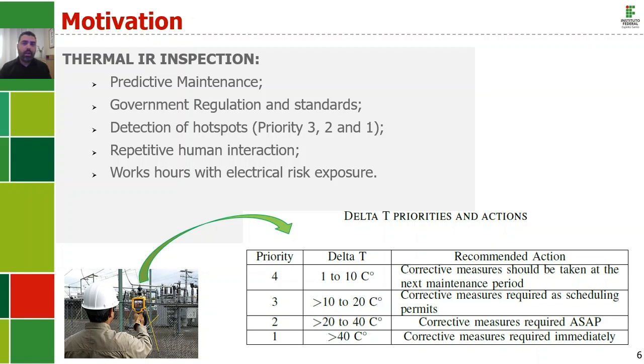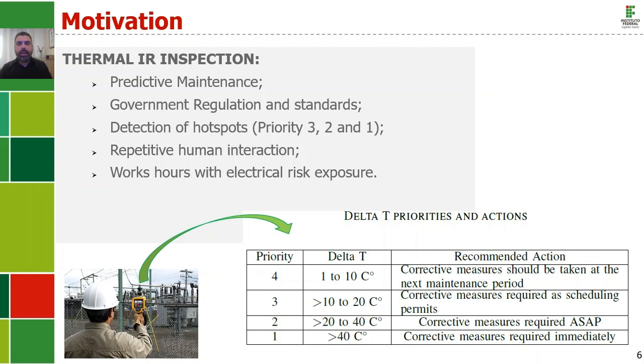In Brazil, all the equipment on a power grid substation needs to be inspected once in a period of 6 months, following the standard for infrared inspection of electrical system rotating equipment published by the Infraspection Institute. This standard introduced this delta T table, defining the priority and action for each temperature level of a hotspot.